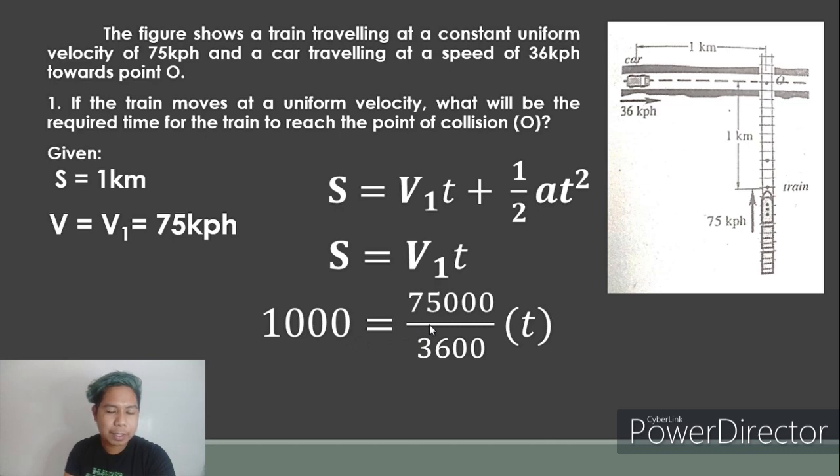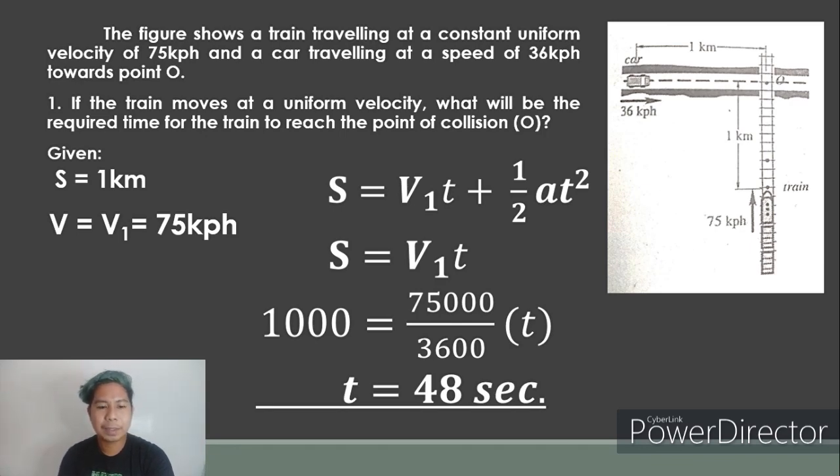Then V is equals to 75 kilometers per hour or 75,000 meters per 3,600 seconds will result to T is equals to 48 seconds. So within 48 seconds, makakarating yung train doon sa point of collision.